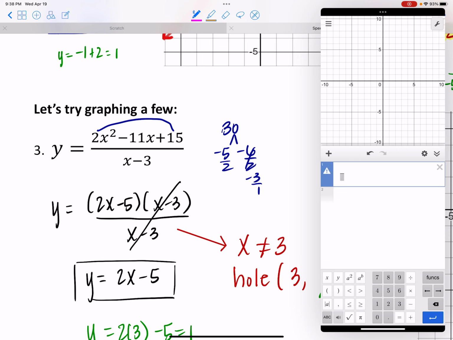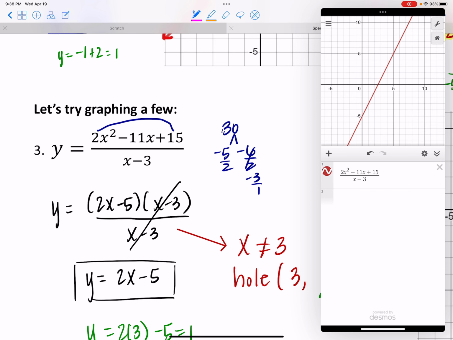On the top of the fraction was 2x squared minus 11x, minus 11x and then plus 15 on the bottom of my fraction and x minus 3. And it knows what to do, so it should make the line. Now, it does not automatically make the hole in the graph, but you can still confirm it.